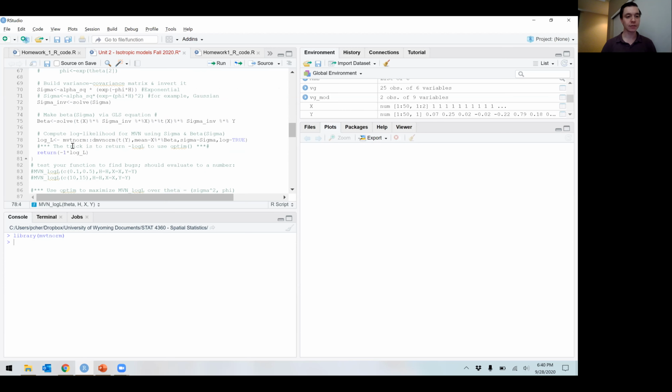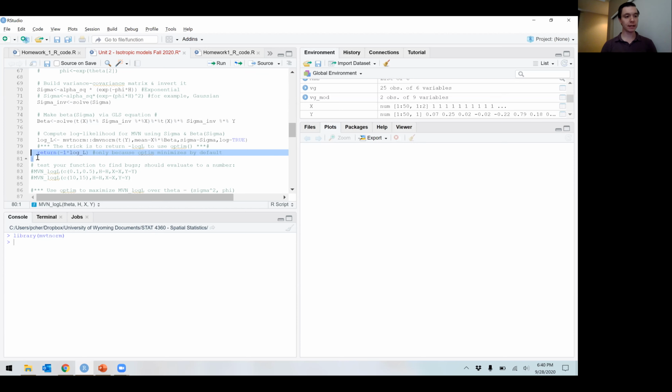So the trick is to return the negative log likelihood, because making the negative log likelihood as small as possible is the same as making the log likelihood as large as possible. So this is only because optim minimizes by default, and we need to maximize the log likelihood.